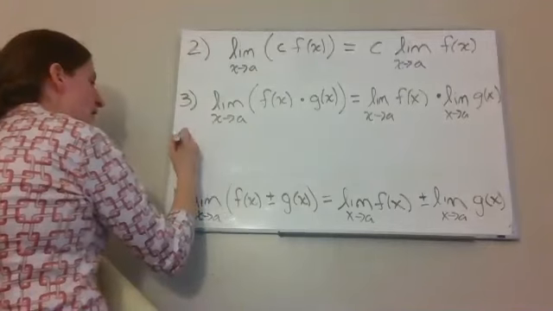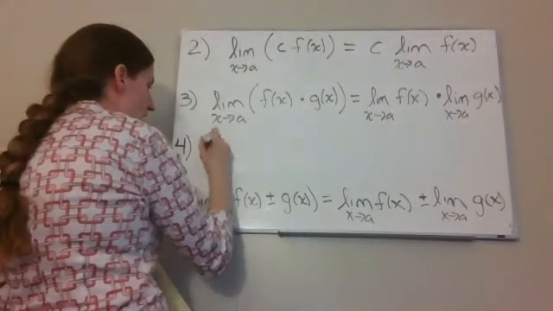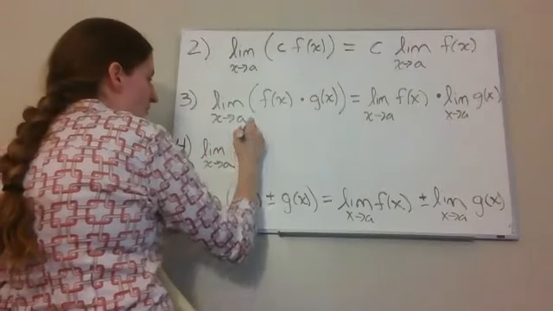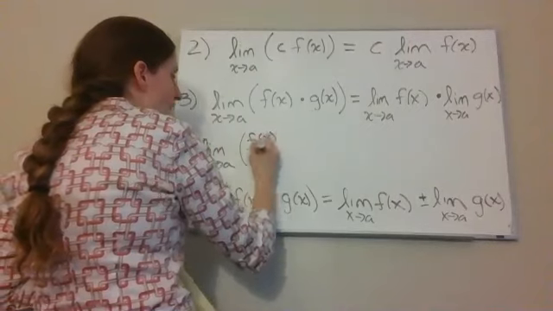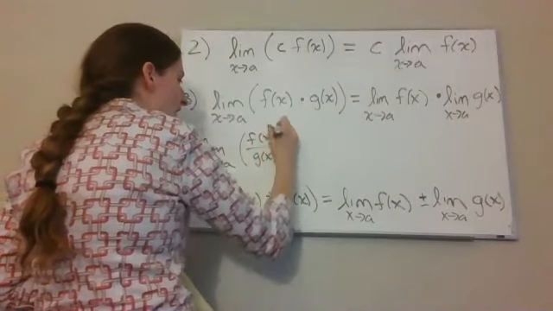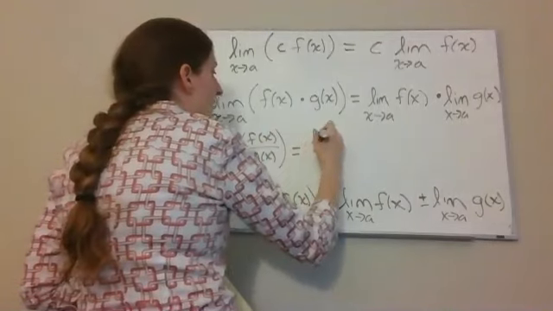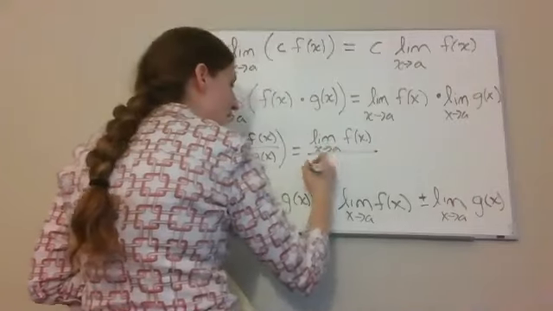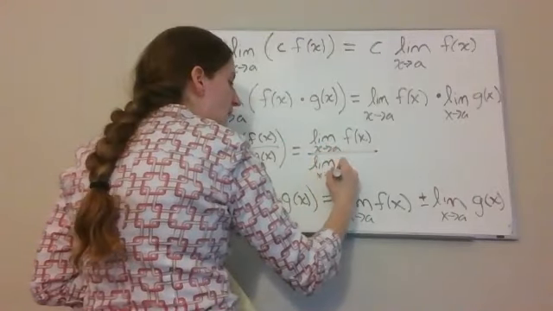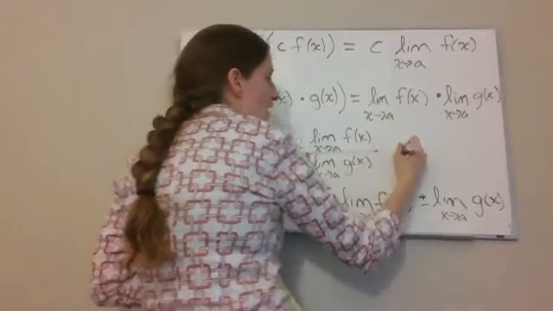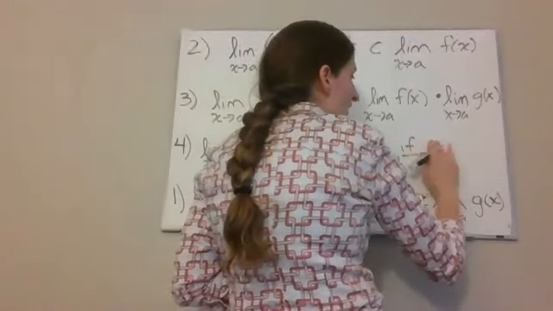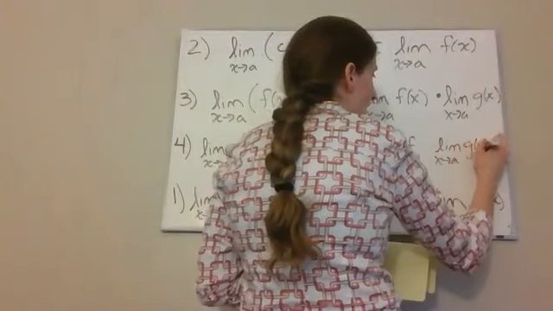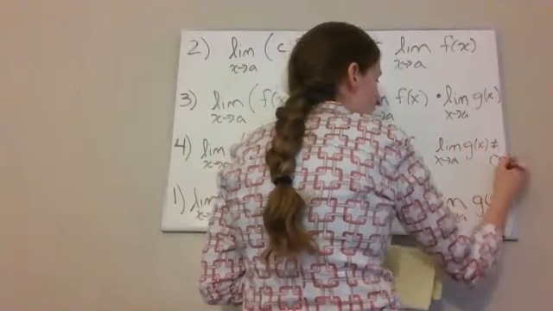Limit law 4 involves the quotient of functions. The limit as x approaches a of f of x over g of x is equal to the quotient of the limits, if the limit of g of x is not 0.